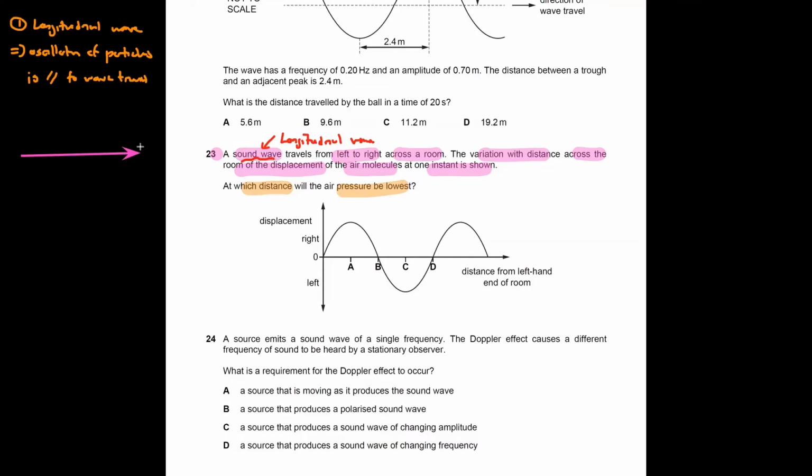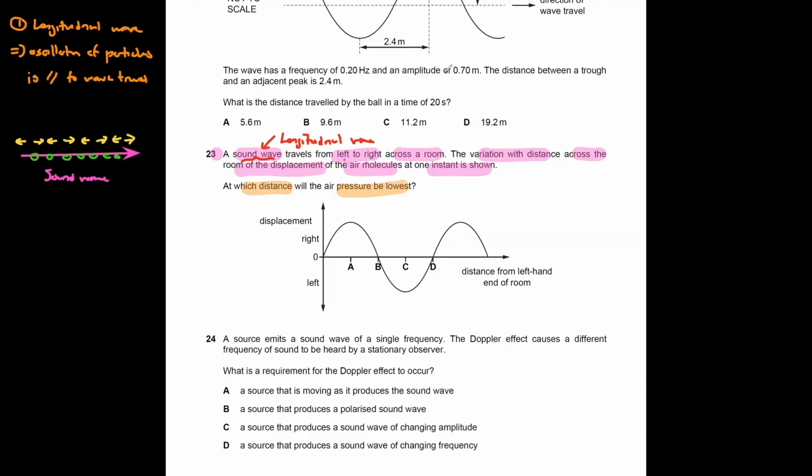You're talking about a sound wave that's traveling across a room from left to right. This is the direction of your wave travel. The air particles along the way of the sound wave will only oscillate left and right, parallel to your wave travel. So you expect your air particles to just go left and right in a manner similar to this, parallel to your wave travel. Okay.